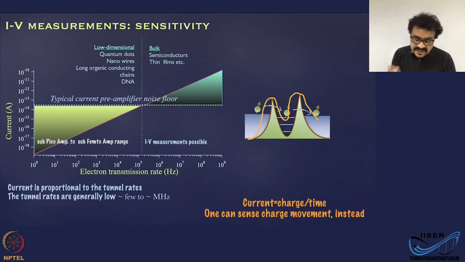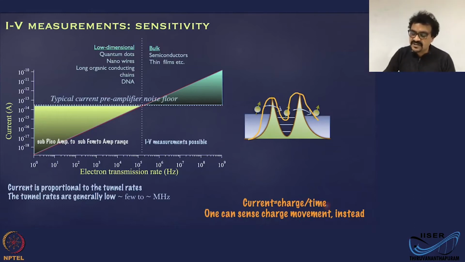So, in a nutshell, the current is proportional to the tunnel rate, and the tunnel rate for many of these low-dimensional systems that we encounter is below a few megahertz, can be in kilohertz, where conventional current measurement is not possible. And one can sense a charge movement. That is probably the solution to it.